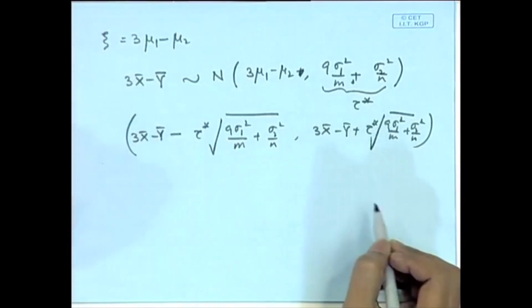That means, in this particular situation for any linear parametric function of mu 1 and mu 2, I can calculate the confidence interval. In the forthcoming lecture, I will be discussing the case when sigma 1 square and sigma 2 square are unknown and what type of problems that may lead to.